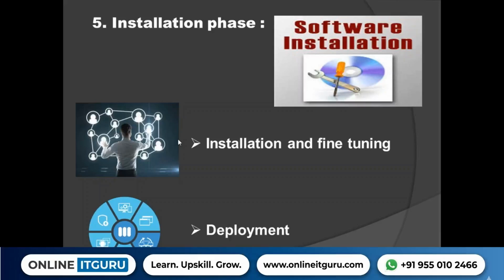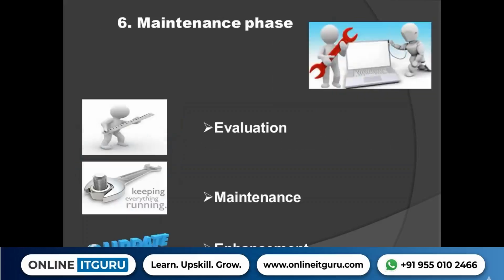Okay. Then the final phase is the maintenance phase. Once we install the software at the client's place, we need to provide maintenance for some time. Each and every company will provide maintenance for 3 months free of cost. In these 3 months, the IT company is going to check the performance of the system, whether the system is performing at the expected peak levels or not.